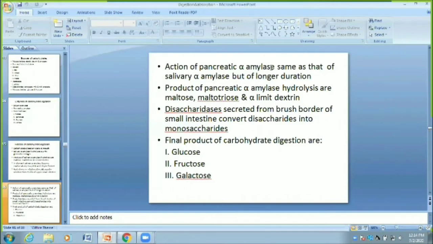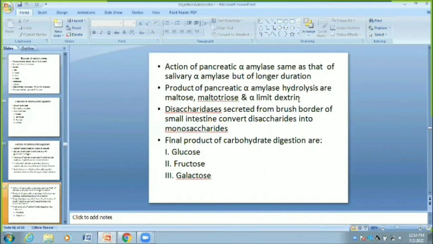Most of the products of hydrolysis by pancreatic alpha amylase are maltose and very small quantities of alpha limit dextrin.